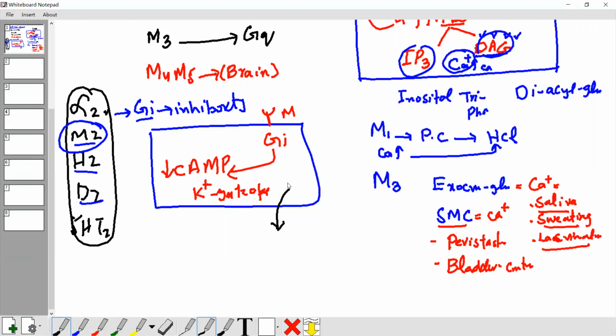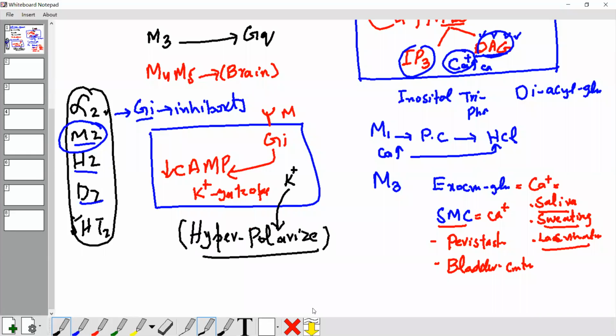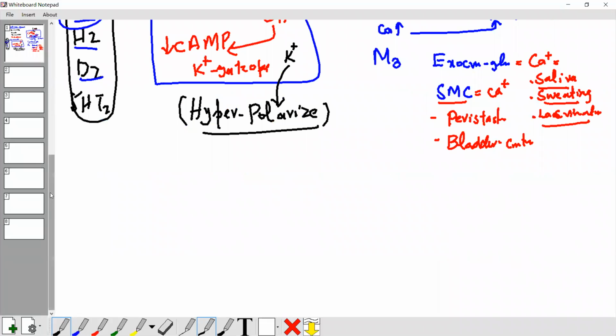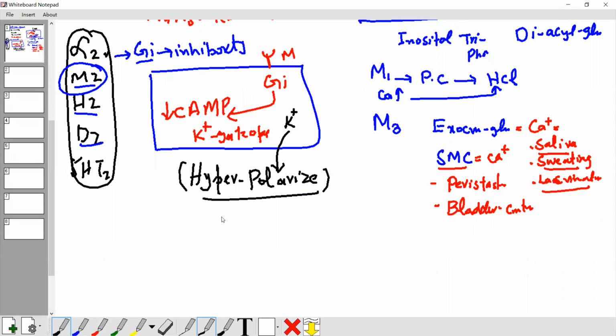You know, potassium inside very high. This potassium going out. If this potassium going out, what happen with the cell? Cell become hyperpolarized. The basic concept of physiology. So now, if cell hyperpolarized, it means cell inhibited.